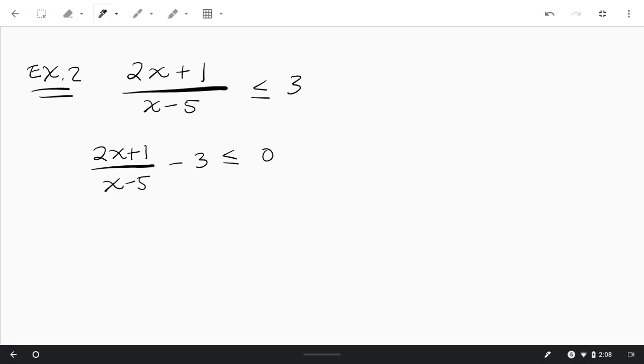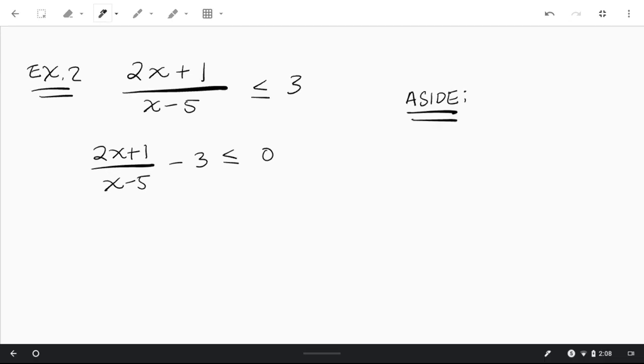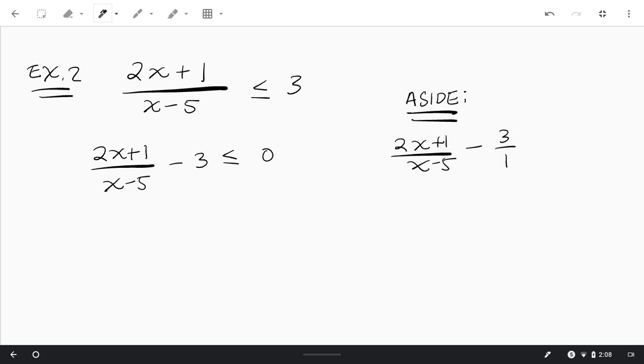All right, so now we have a rational expression here on the left that we need to subtract. So we need to get the LCD. So here, let's go off to the side and do it. I need to do 2x plus 1 over x minus 5 minus 3 over 1. And so the LCD here is going to be x minus 5, right?